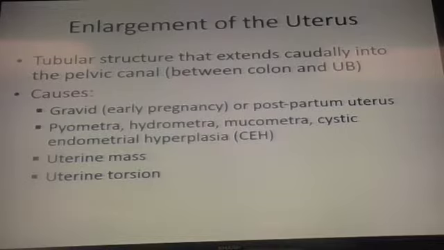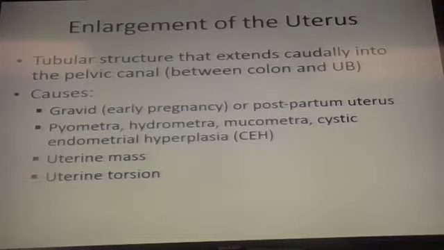The difference between pyometra and cystic endometrial hyperplasia, CEH. Now all of these don't look alike radiographically, but they're going to present similarly radiographically. So what's the difference between pyometra and cystic endometrial hyperplasia? Depends on where the disease is.